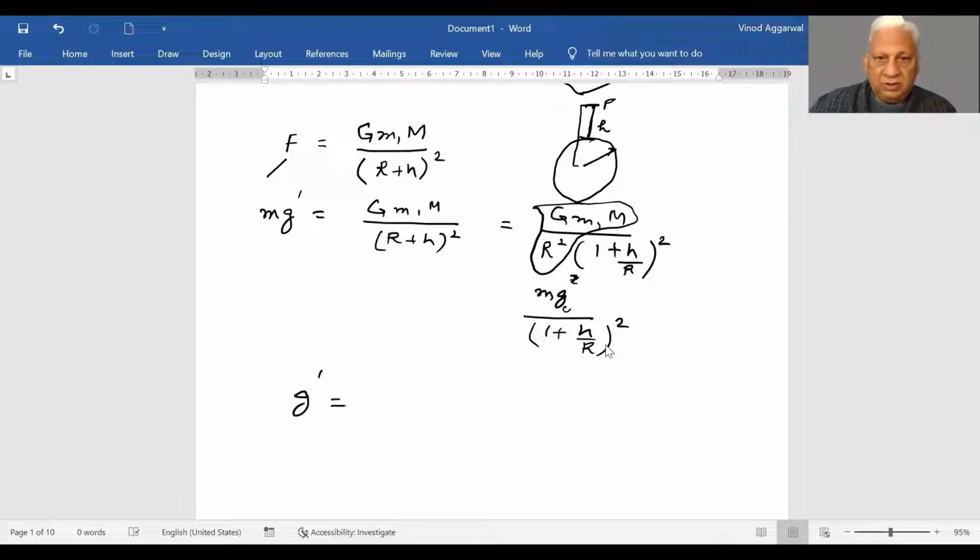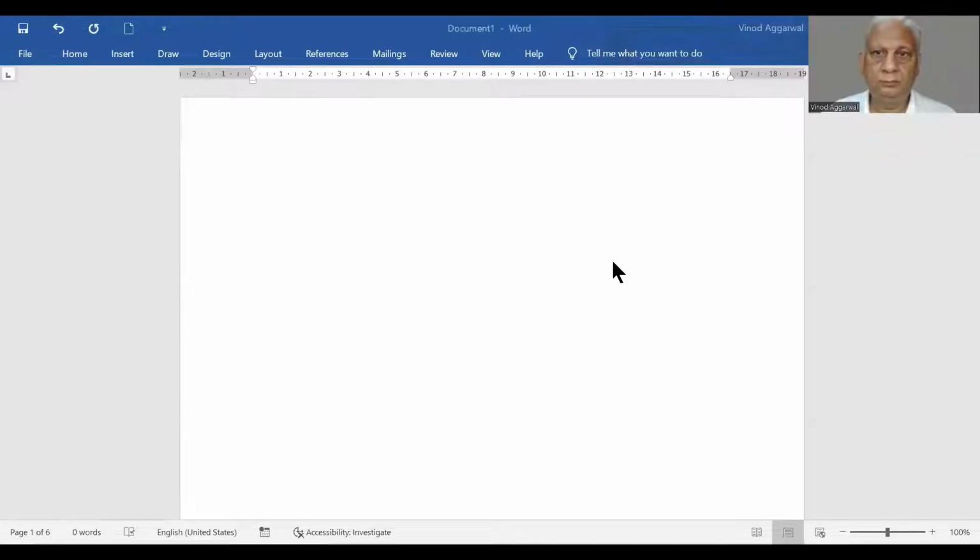This is our original g, which is as if the body is on the surface of Earth, divided by 1 plus h by R, whole square. Right. So as we go high and high, this g dash is going to become lesser and lesser. We have already seen how g varies when we go up.